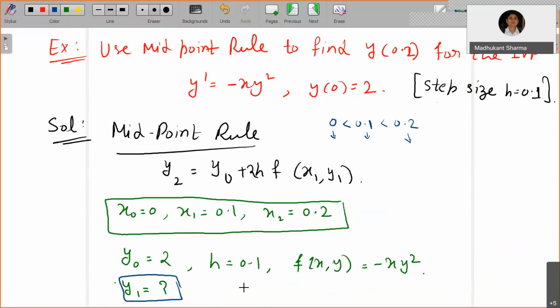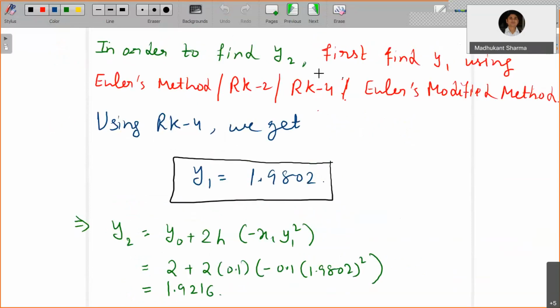So in order to find y2, we first find y1 using a single step method. We will use RK4, which we have already used in the previous problem, so we are just taking the y1 value from there. RK4 gives y1 equal to 1.98028.